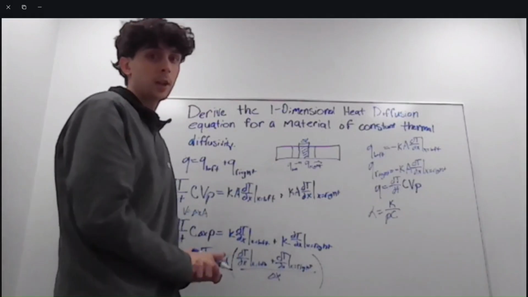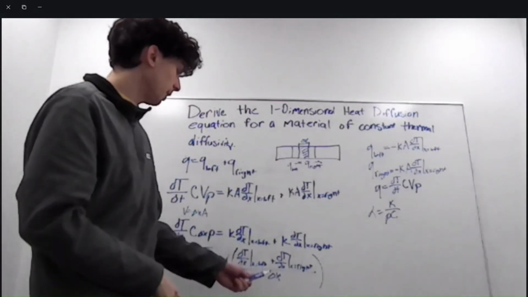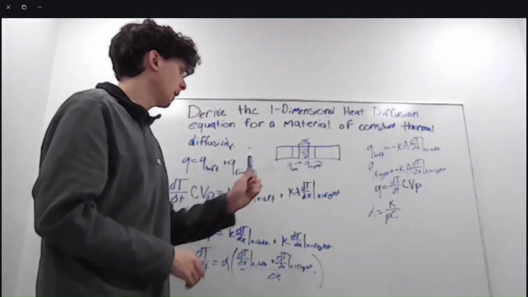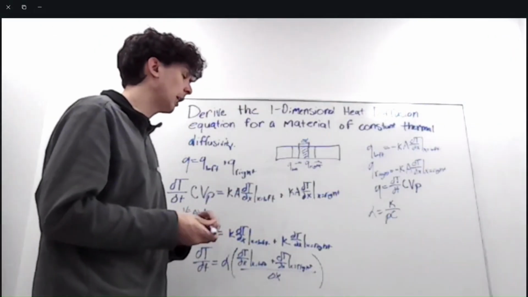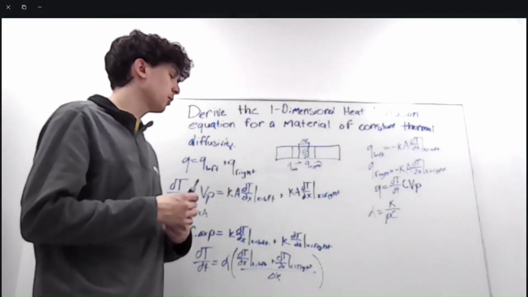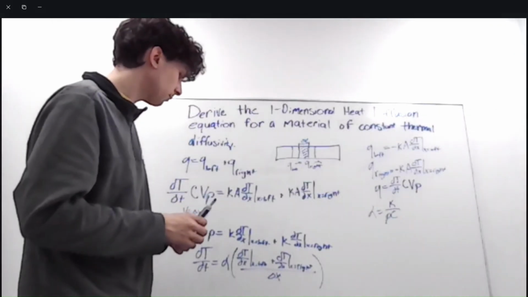So we're almost done. And if you notice right here, the delta x is actually positioned between the Q to the left and the Q to the right.